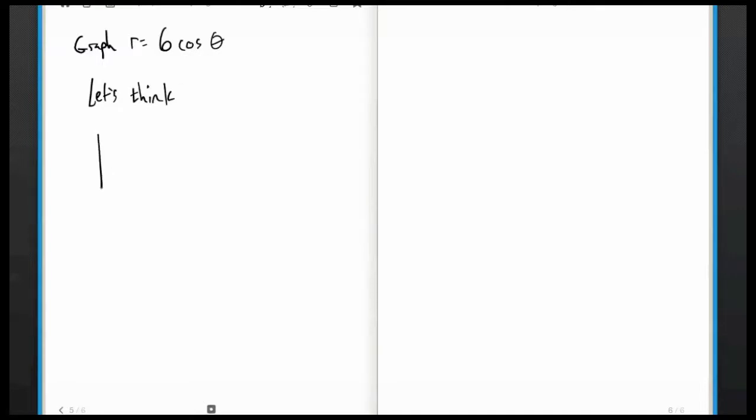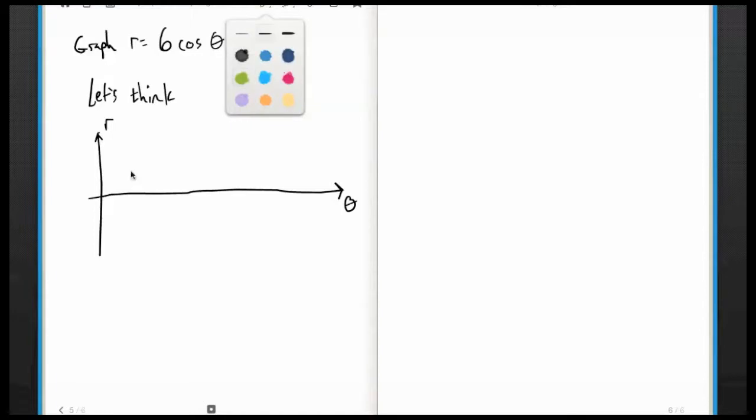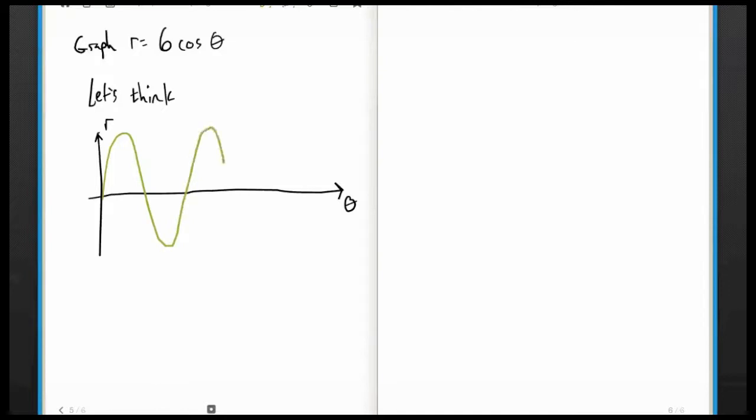If I were to just sketch a graph of these the old-fashioned way, with theta on one axis and r on the other, remember the sine graph looks something like this. This is 6 sine of theta.